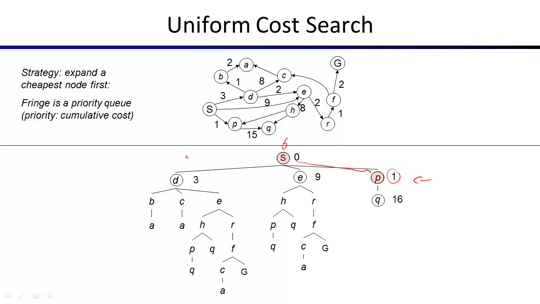The cheapest one is over here. We expand that one, and we keep expanding the cheapest one on our fringe as we go along. Now this one here. We'll keep working through the search tree, but again, we're building this up as we go. The search tree doesn't exist. We're building it up partially as we go along.